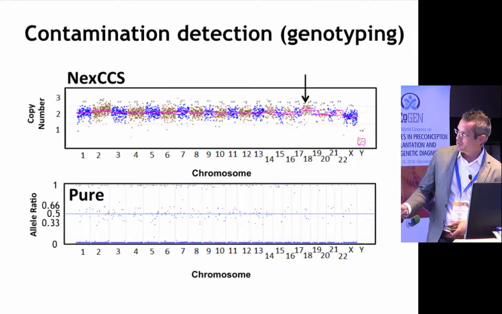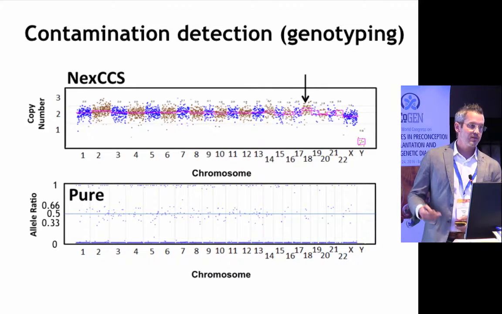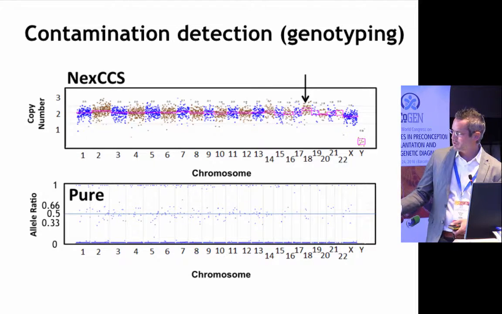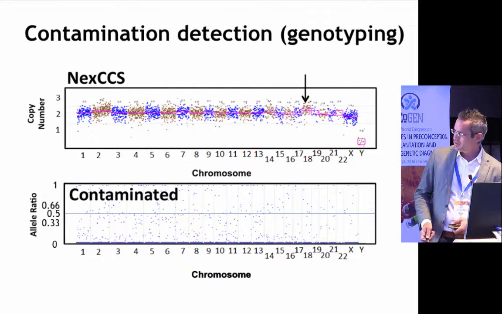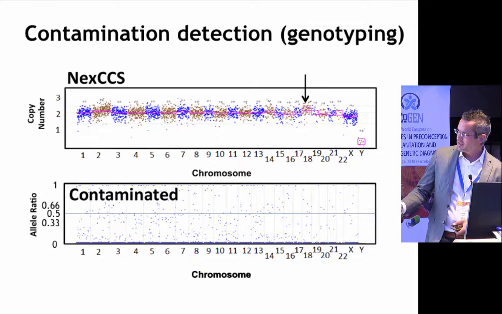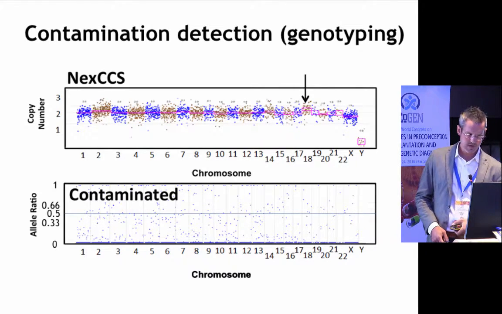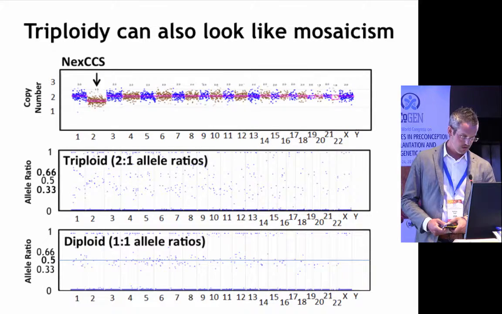But with the addition of genotype information, what you normally would see is a 50-50 ratio of these single nucleotide polymorphisms where you have heterozygosity. You would expect the same amount of one allele as the other, so this 50% ratio. But when you start to see contamination, you can see that the data becomes blurred, and you don't really have this clustering around 50%. And this is one way to distinguish between true mosaicism and actual contamination.